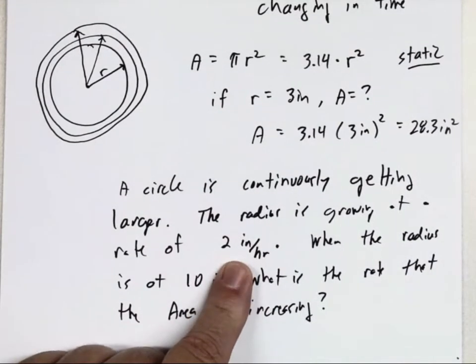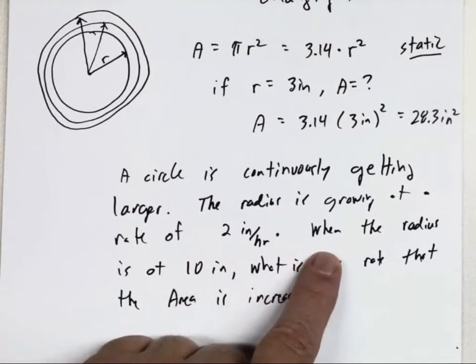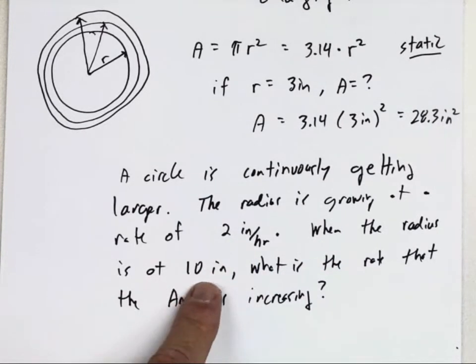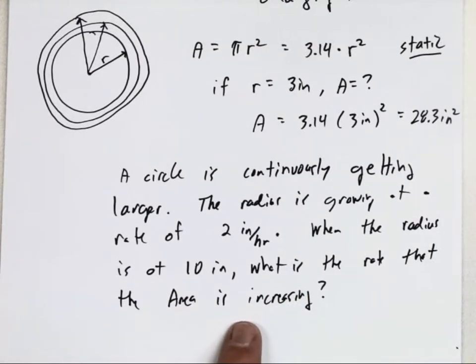So here is how fast that radius is growing, 2 inches per hour. So they say, hey, when the radius reaches 10 inches, it's still growing, but at that point, right at that point with 10 inches, what's the rate that the area is increasing?